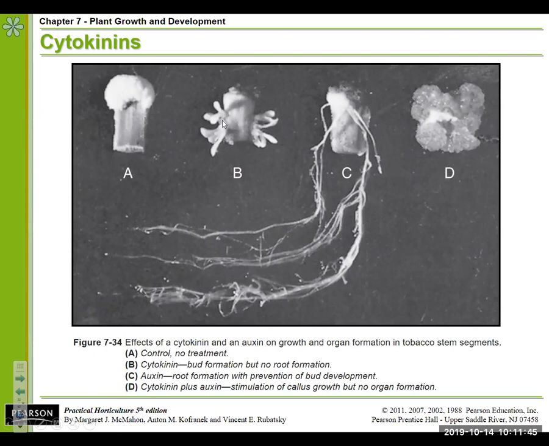So in B here, we've got the application of cytokinin, which causes shoot production, but we don't have any root formation. In C, we're using auxin to trigger root formation, but they're not developing buds and eventually shoots. In D here, we've got cytokinin and auxin at an even level, which is beginning the callus growth, which is going to allow both shoots and roots to develop, but we don't have it at the proper ratio to get both yet.